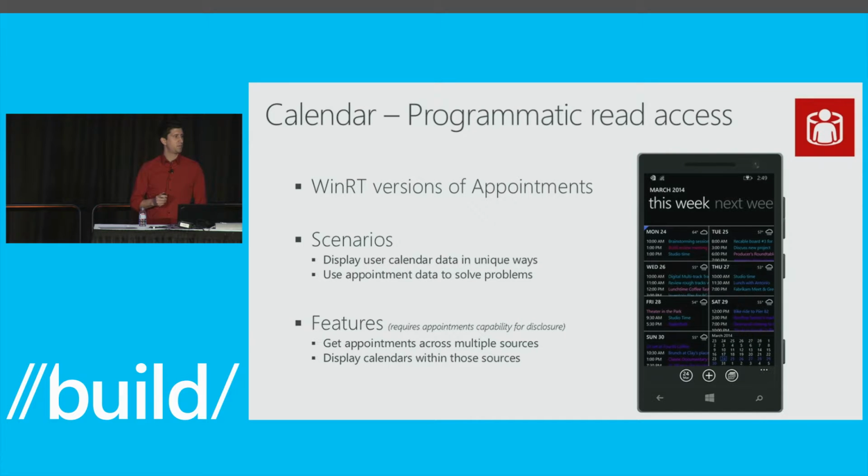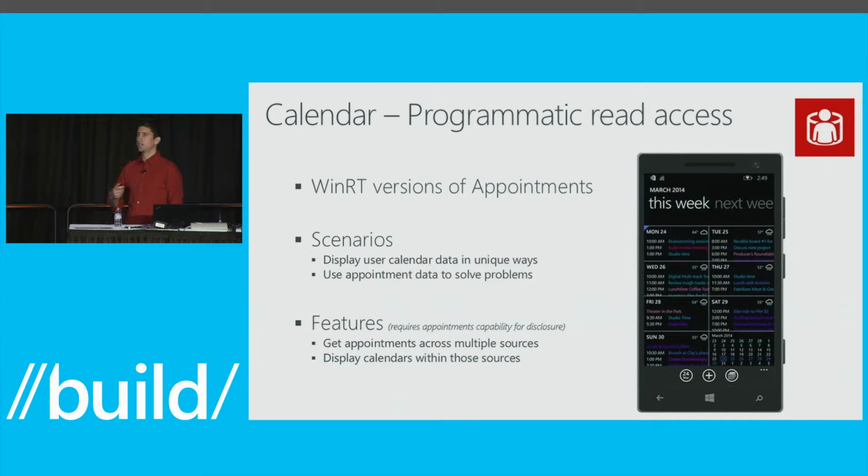Similar to the contacts APIs, we require a capability disclosure for the appointments APIs. If you're reading the user's appointments, then the user should make that decision on whether or not they're OK with sharing that information. Some of the new features that are different from what was previously available on Windows Phone 7.1 is that we now allow you to get the appointments across the multiple data sources and get the actual different calendars within those sources.